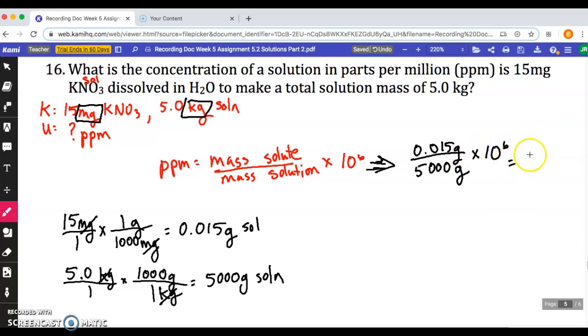You plug that into your calculator, and your answer should come up as 3 ppm. Okay, make sure you box your answers so I can easily grade your work.